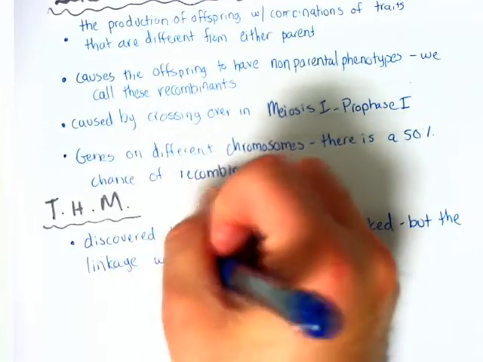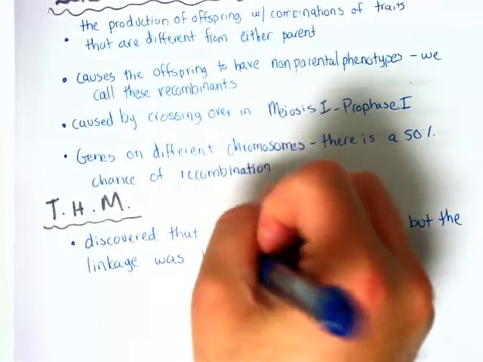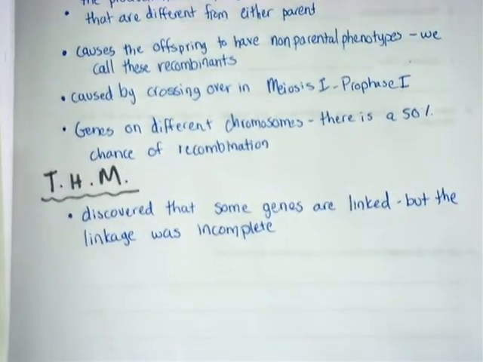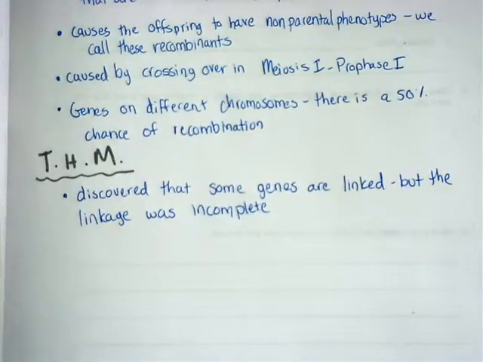But the linkage was incomplete. So sometimes there was a link and sometimes there wasn't. If they're linked, that means that when the crossing over happens, they get pulled as a combination, right?